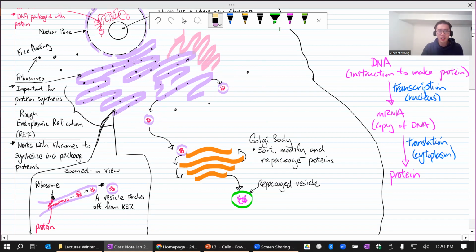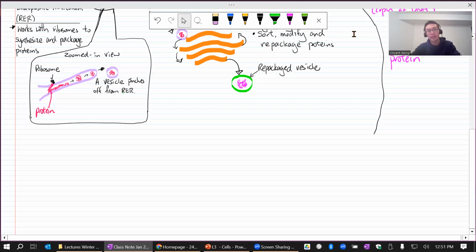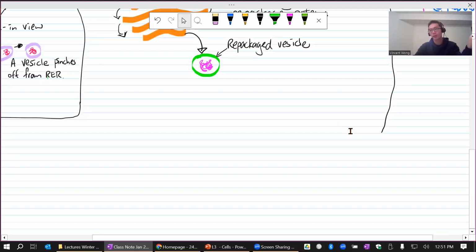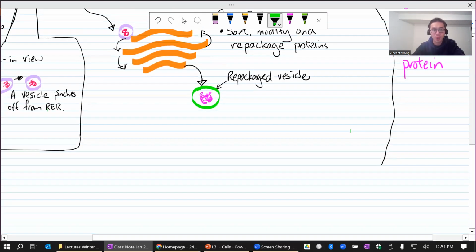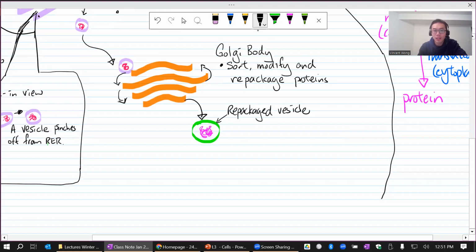All right, moving on. I am sure you are curious as to what will happen to the vesicle. Well, the vesicle can do a couple of things. The protein that we make, sometimes they will move and become part of the cell membrane.